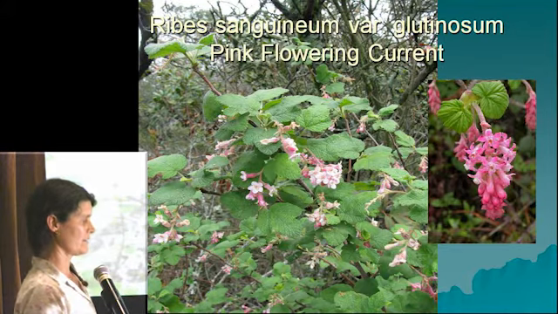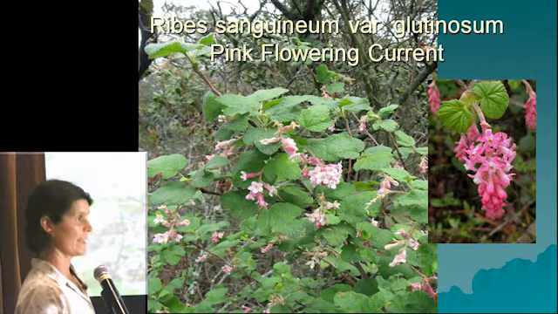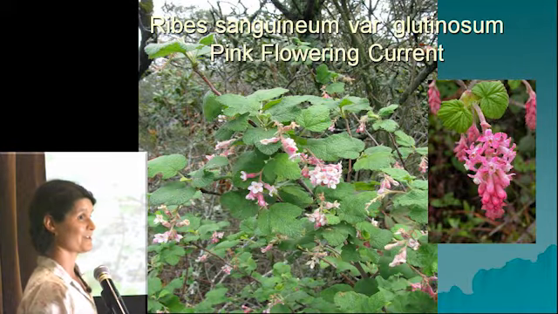Another great thing about this shrub is it flowers in the wintertime when hardly anything else is in flower, thus bringing the hummingbirds. Just love this plant. And then edible berries in the late spring, early summer, which again, birds love. And people like them too. If you actually get a good crop, you can make jam with it.